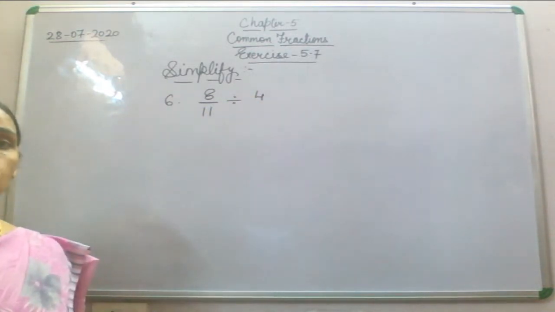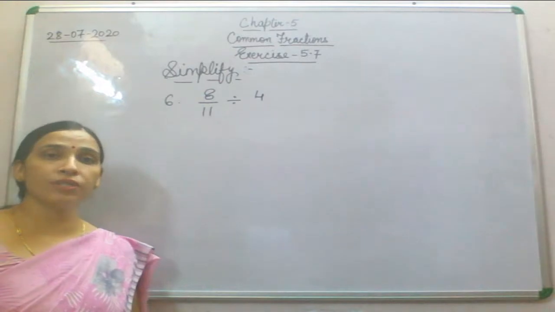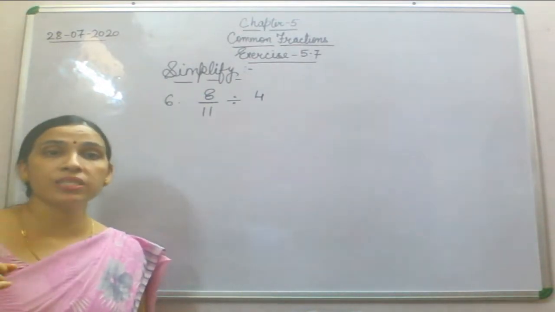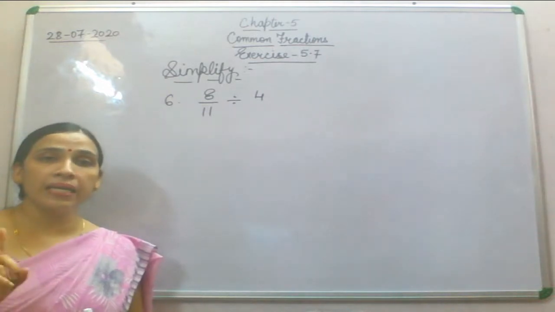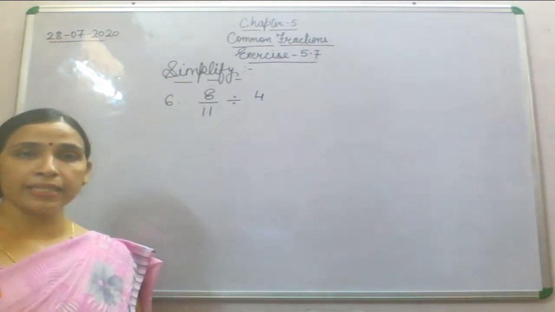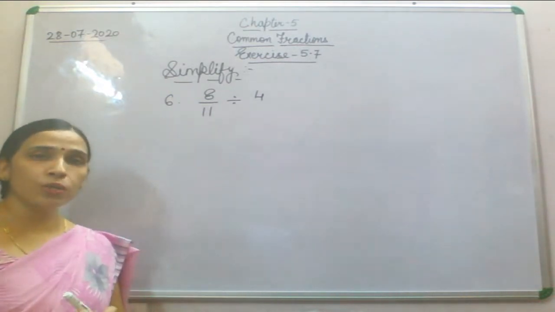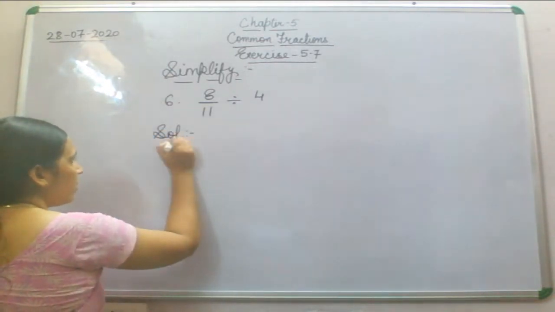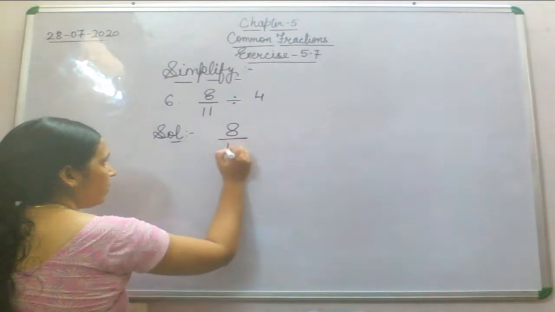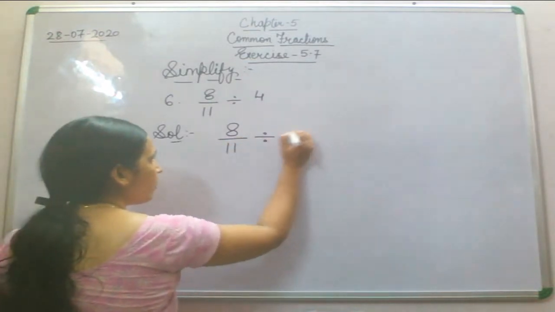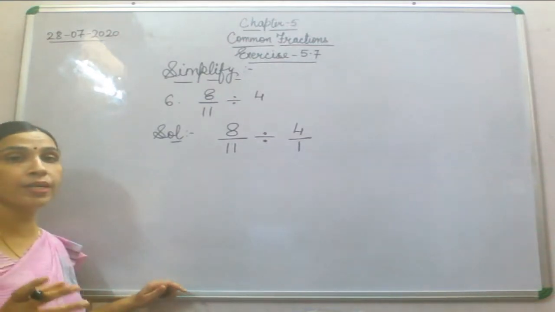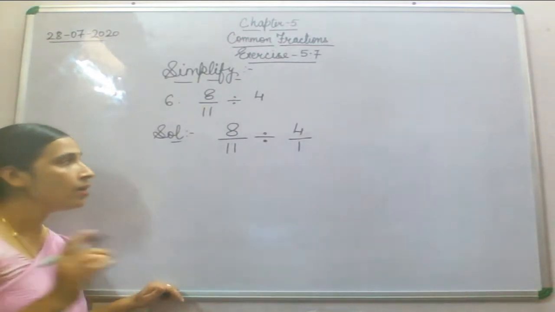Now what you have to do first in the solution: first of all you have to see that if a whole number is given to you and there is no number in the denominator, you will write 1 there. Now 8/11 will be divided by 4, and here you don't have anything in the denominator, so you will write 1 there.